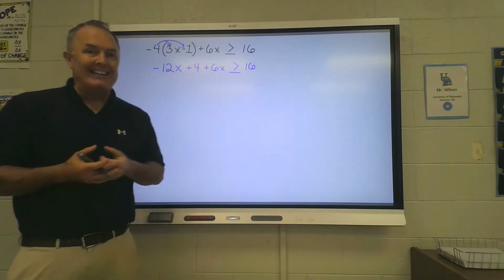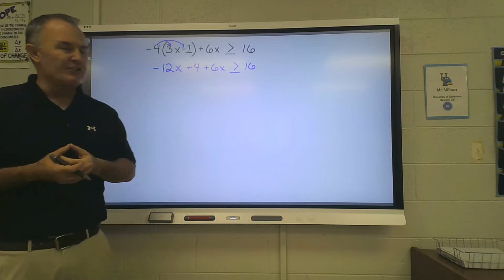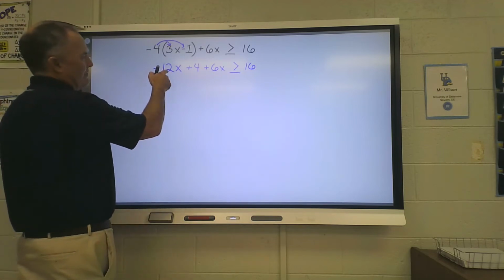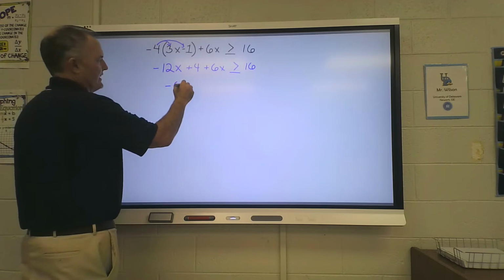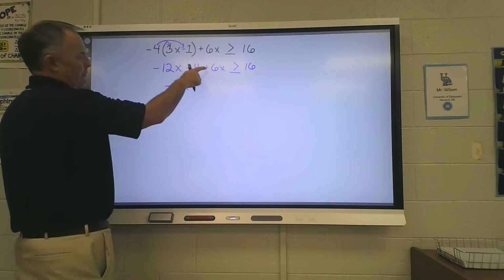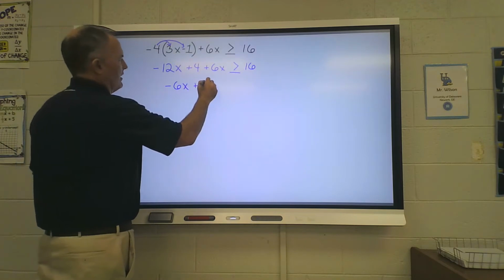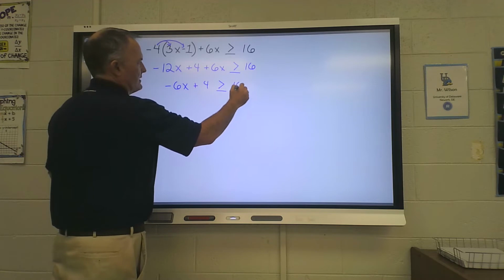That's right, we can combine like terms. I had two different terms that actually have a variable attached to them, and it's the same variable. So I can combine them. So negative 12x plus 6x gives me a negative 6x. Because negative 12 plus 6 is negative 6. Now it's plus 4 is greater than or equal to 16.